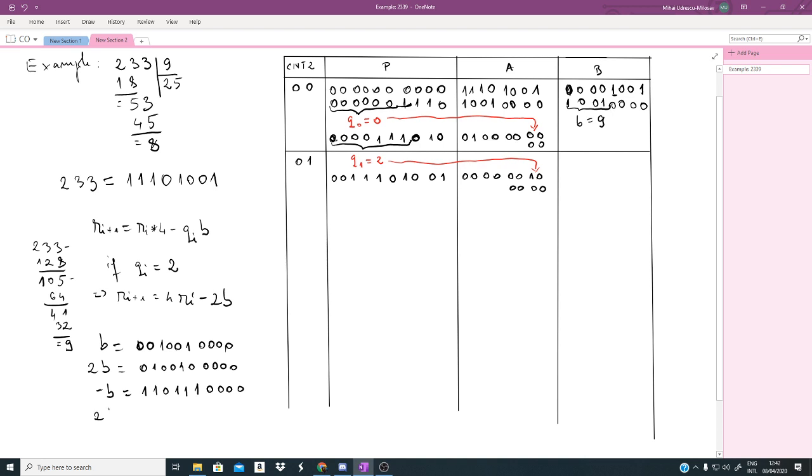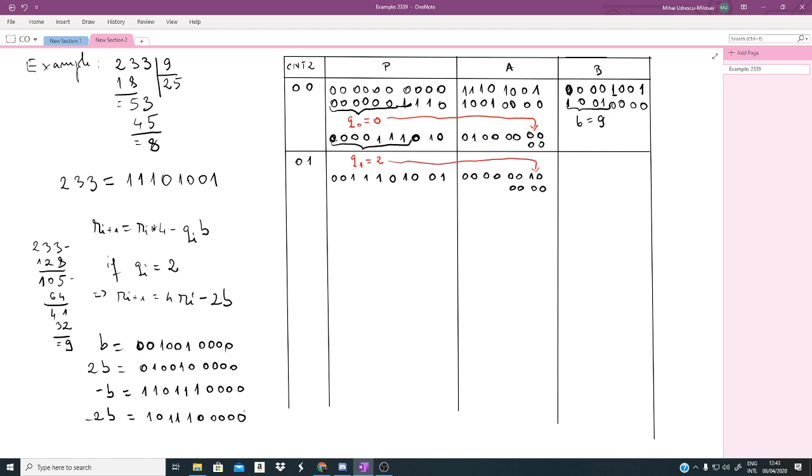And 2b minus 2b is 1, 0, 1, 1, 0, and then 1s, plus 1, that's 1, and then only zeros.